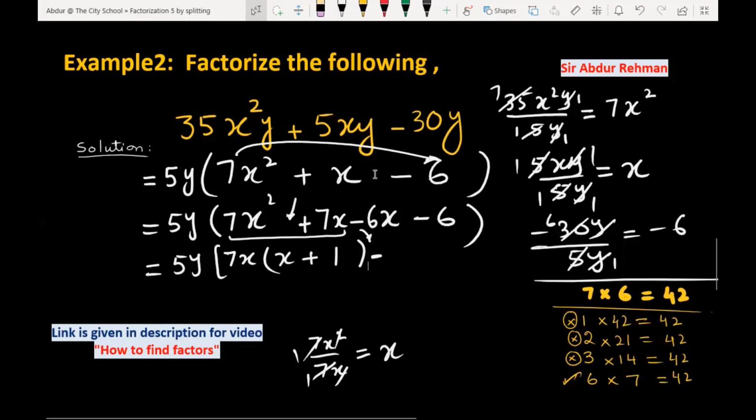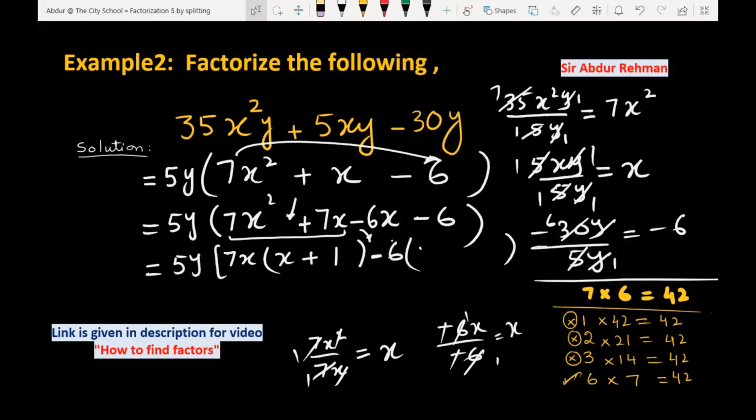6 is common here. So write 6, and dividing minus 6x by minus 6, we will get positive x. And minus 6 divided by minus 6 will be positive 1. 5y as it is. Common is x plus 1.